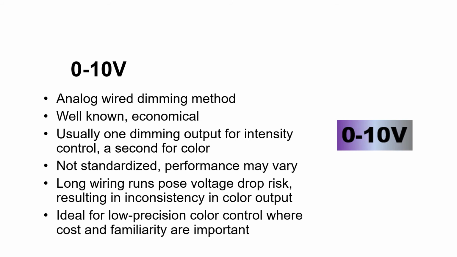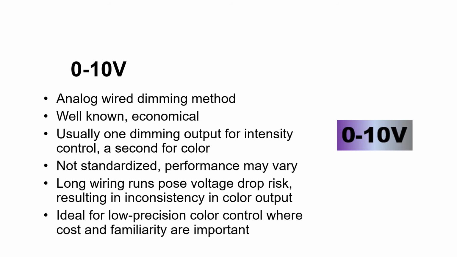It allows one-way communication only, so a driver is not able to report back, for example, that it is failing. The 0 to 10 volt protocol does not specify the relationship between control signal and relative light level, so a small change on a dimmer slide may produce a large change in light output, or the full range of light output could be produced through the top 50% of the slider range.